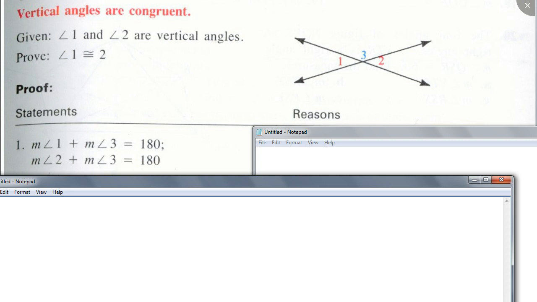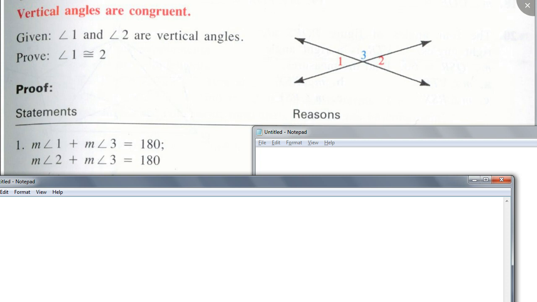Raise your hand if you think you know why we can't use the definition of supplementary angles. Grace? I haven't told you that angle 1 and angle 3 are supplementary angles, have I? Have I told you anything about the measurement of angle 1 and angle 3? No. In our head, of course, it seems so obvious.